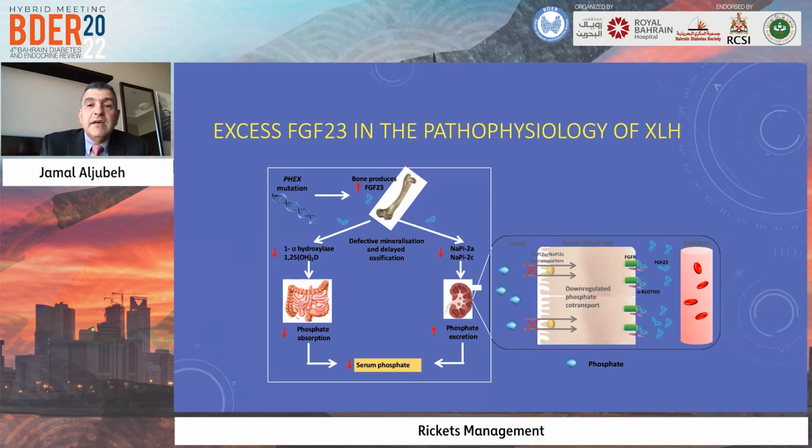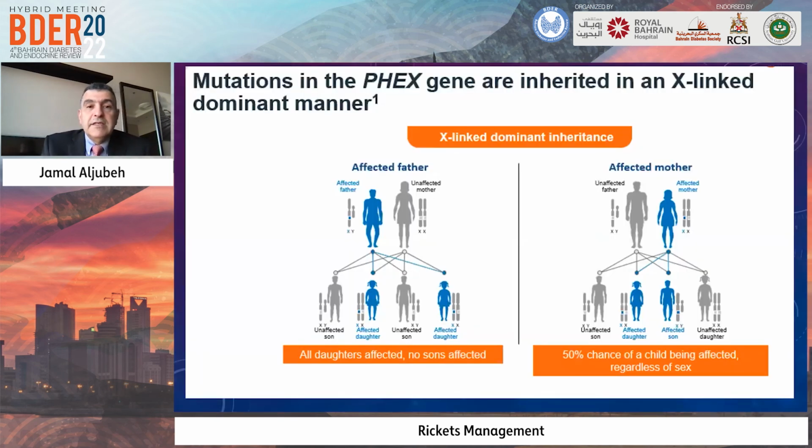FGF23 in physiology leads to increased loss of phosphate in the urine, as well as a decrease in 1,25-dihydroxyvitamin D. So an elevated FGF23 will lead to hypophosphatemia and decreased activation of vitamin D. It's X-linked dominant inheritance.